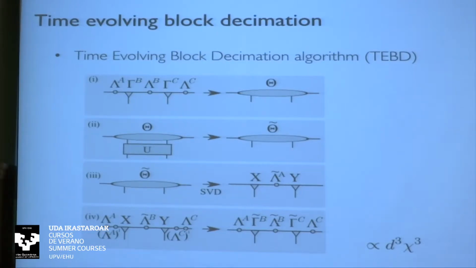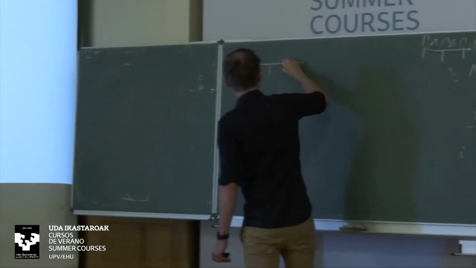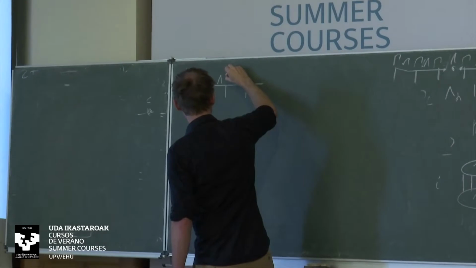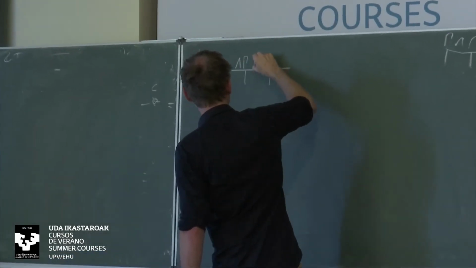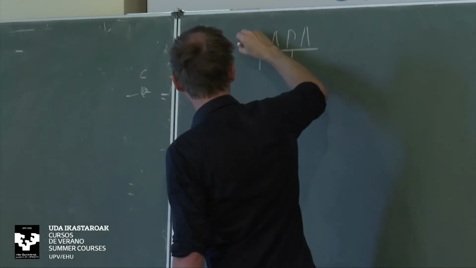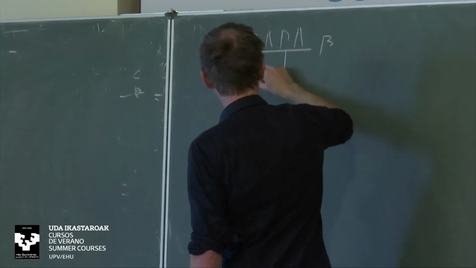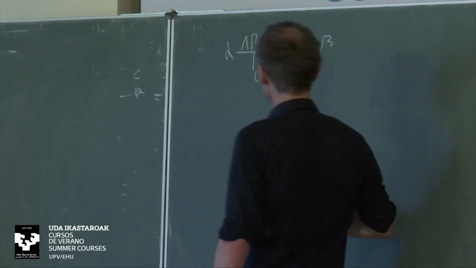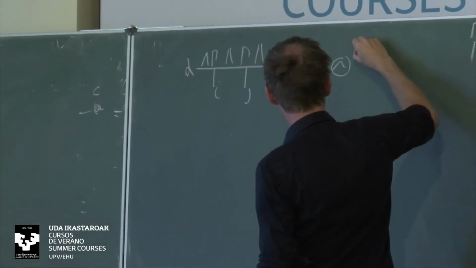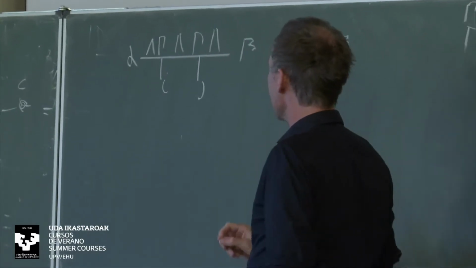Right? So recall that when we have our matrix product state of this form, we have lambda, gamma, lambda, gamma, lambda. Now we have some index alpha here, an index beta here, and i here, and j here. And this is now our theta, with gamma alpha i j.